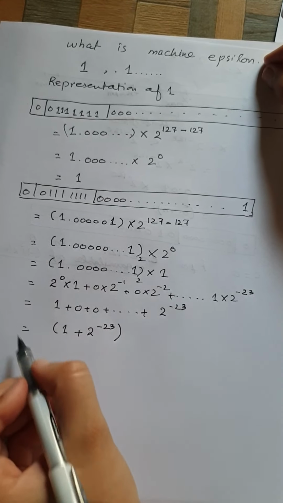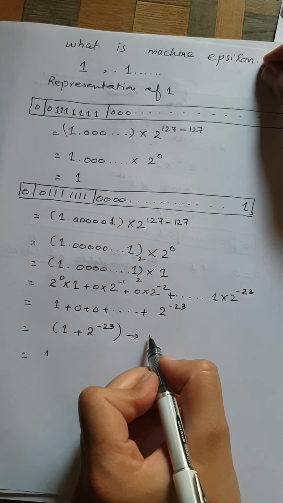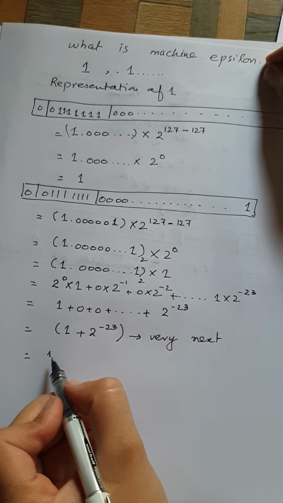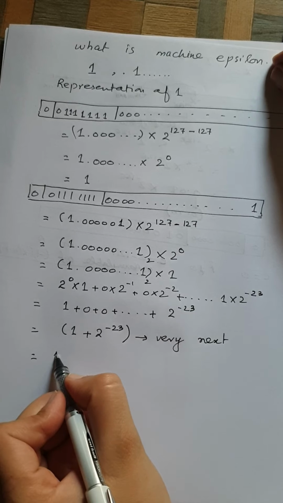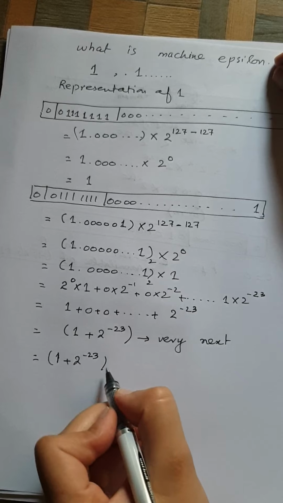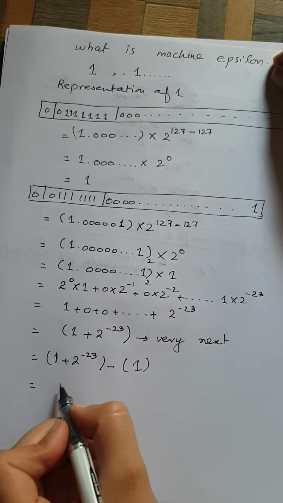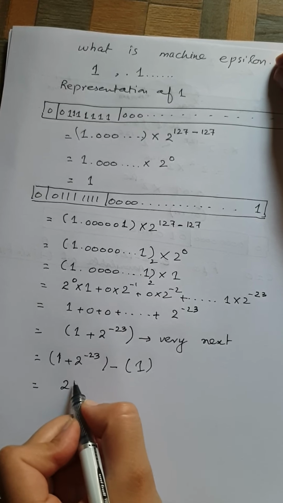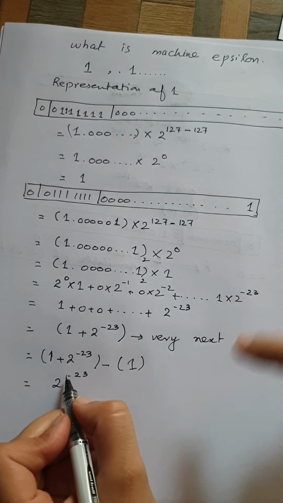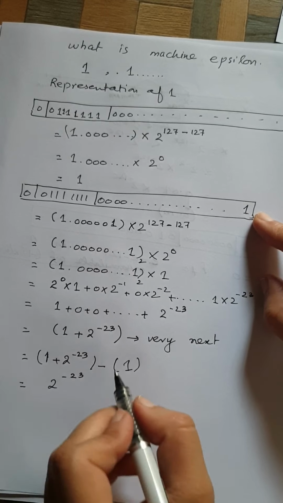Now let's find the difference between these two numbers. This is the very next number after 1 according to the single precision bit method, 1 plus 2 raised to power minus 23. If I take the difference with 1, it comes out to be 2 raised to power minus 23, where 23 is the number of bits reserved for representing the mantissa.